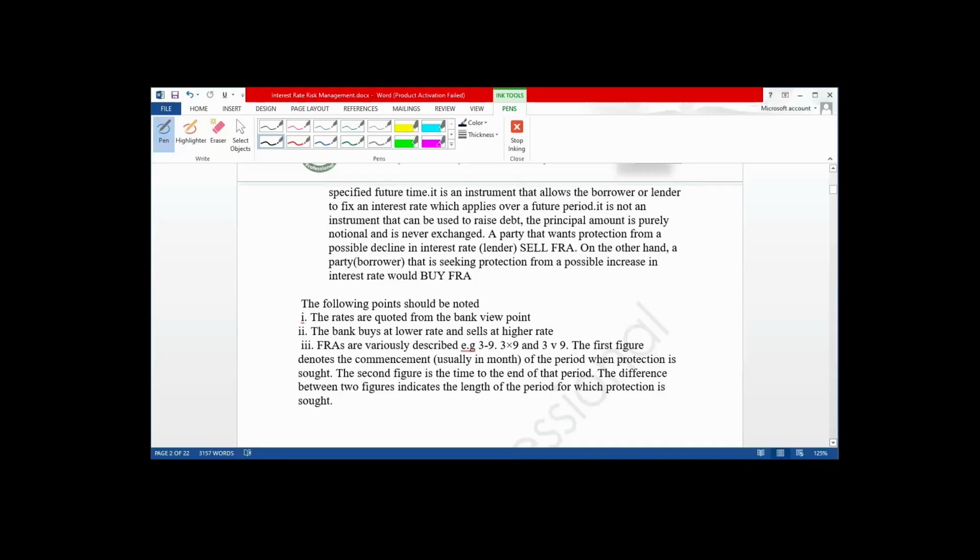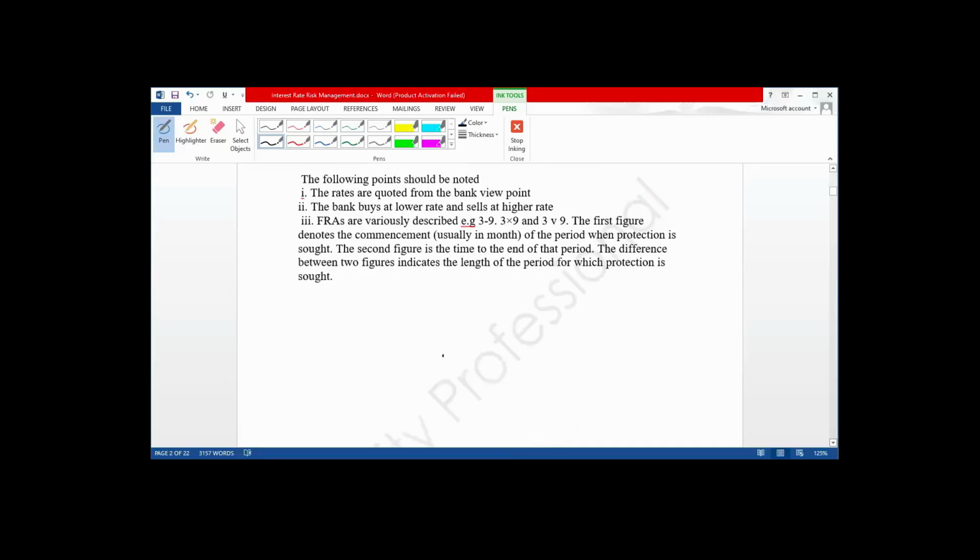Let us illustrate this. If the examiner says 3 to 9, what the examiner is telling you is that in 3 months' time, we plan to borrow for 6 months.